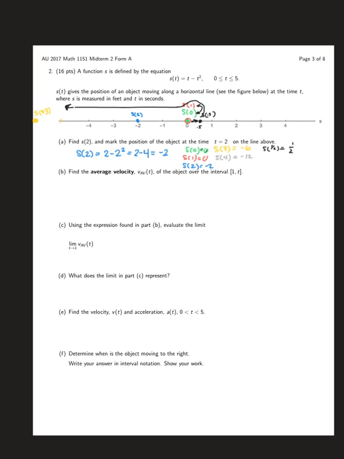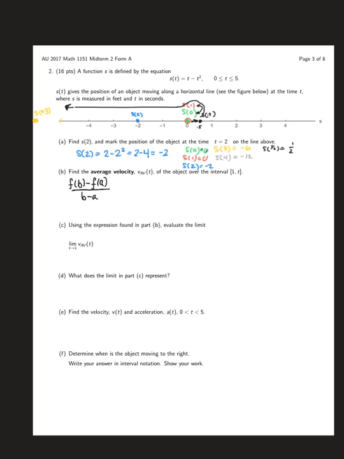So find the average velocity of the object over the interval 1, t. So average velocity would just be the slope of the secant line of this curve. So that would be something like, if you've seen this formula, f of b minus f of a over b minus a.